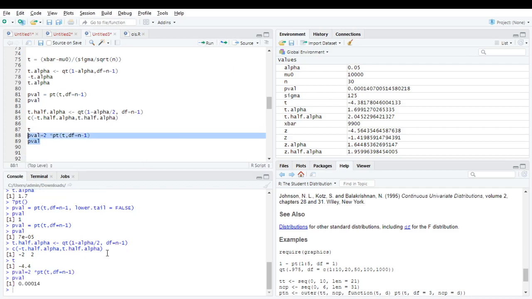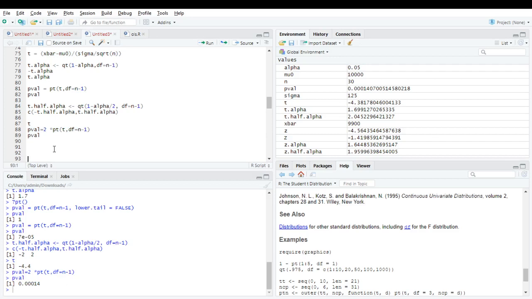Just check the p value and see it is less than 5%, so we are rejecting the hypothesis. Okay, so that's it for your t test. So you have done 6 tests already.